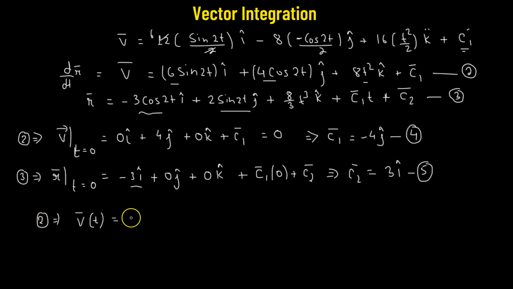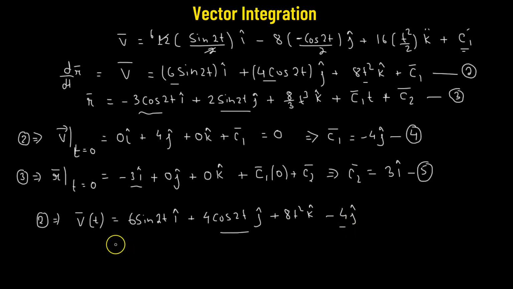So that equals 6 times sine 2t i cap, plus 4 times cosine 2t j cap, plus 8t squared k cap, plus c1 vector, which is simply negative 4 j cap. We can combine the second term and the fourth term, and this is going to be our velocity vector at any given time t.